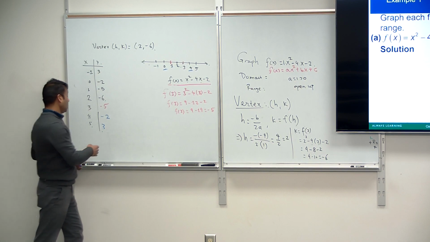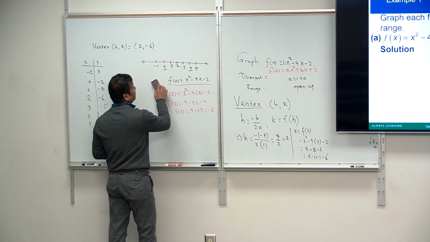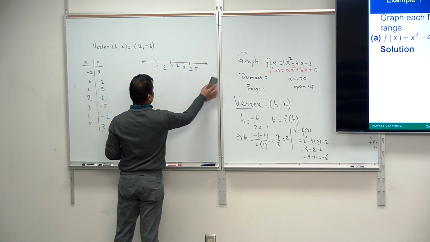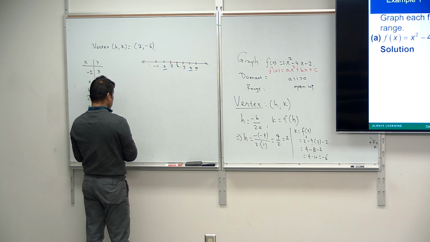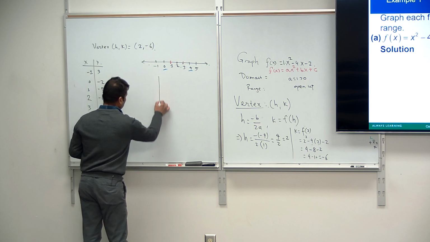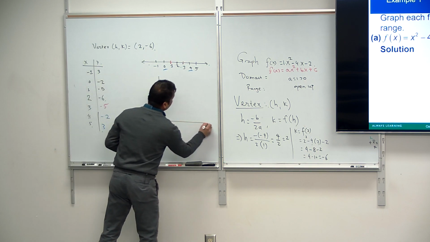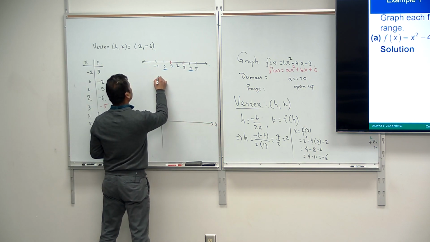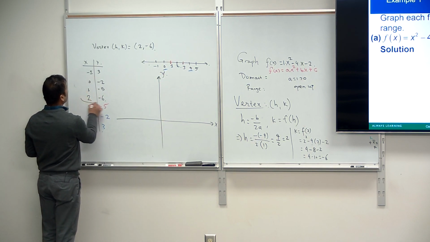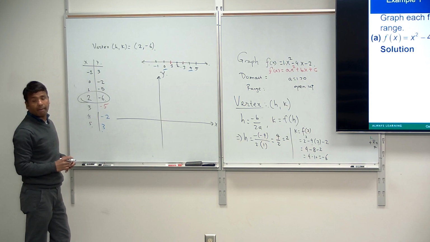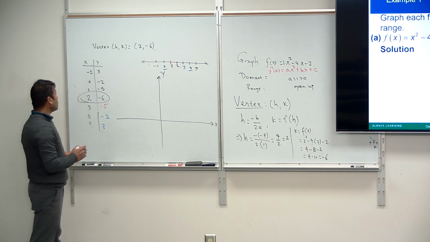And now, if you want to draw the graph, look here. This is your x-axis, and this is your y-axis. First of all, you plot the vertex. The vertex is 2 comma negative 6. So 2 comma negative 6.